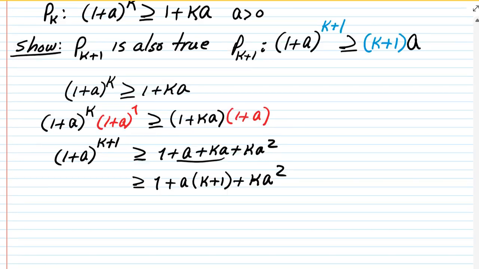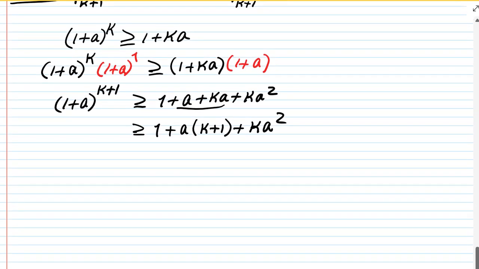Correct? Now, would you agree that this whole expression on the right side is going to be greater than or equal? Don't worry about that part. The fact that it's greater than, it will be greater than 1 plus k plus 1 times a. Agree? And the reason is because it has an extra term.